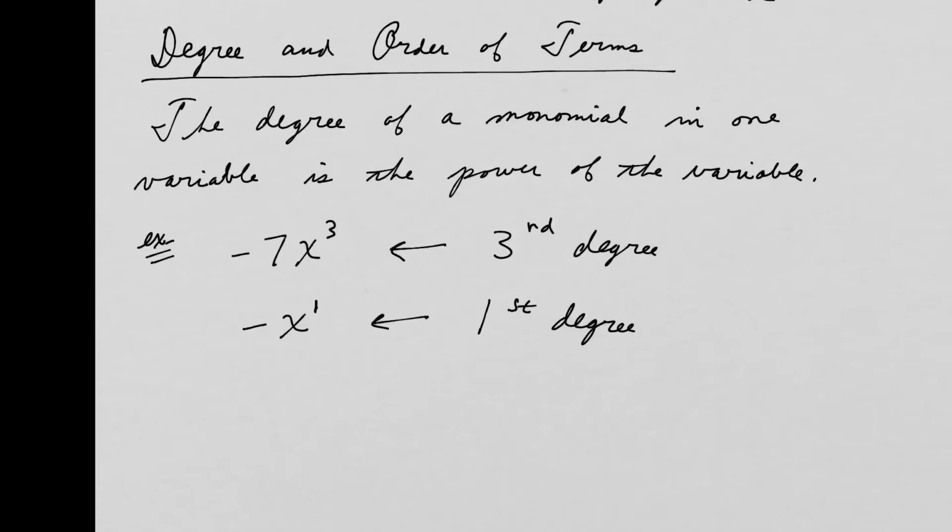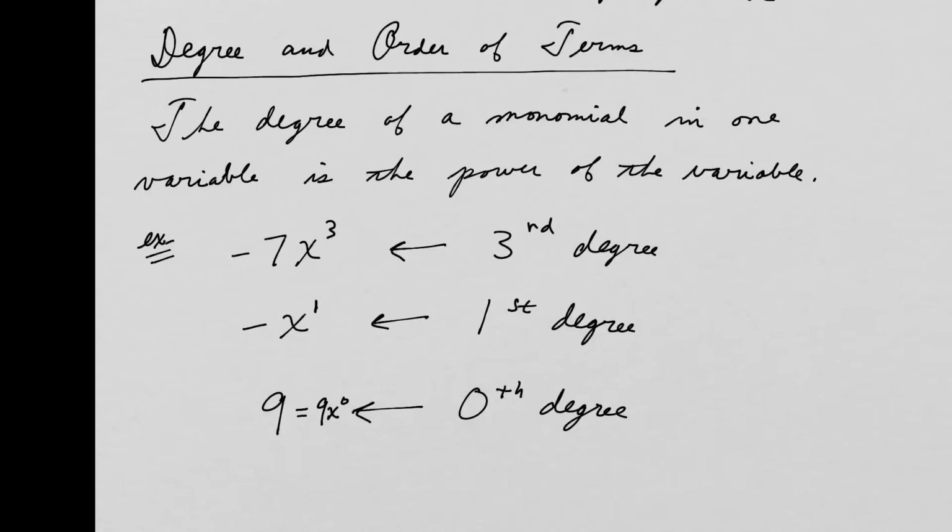And then if I have just a constant by itself, 9, right? Remember, we can think of this as 9 times x to the 0. Because anything to the 0 is 1. So a constant we usually say is a zeroth degree monomial.